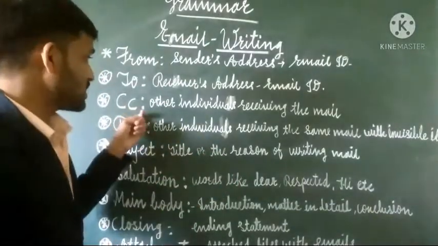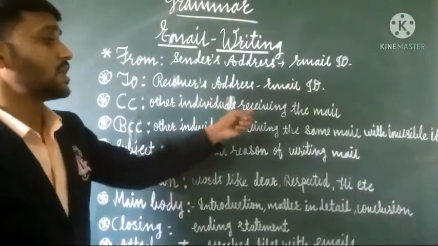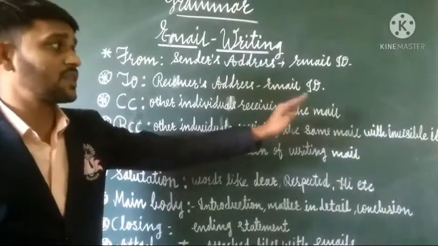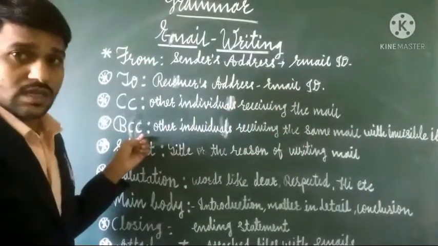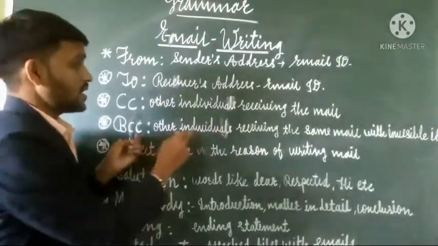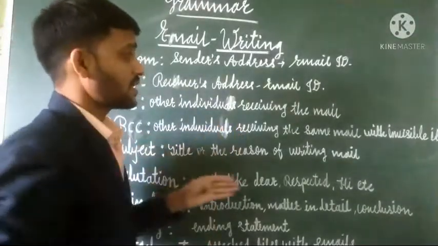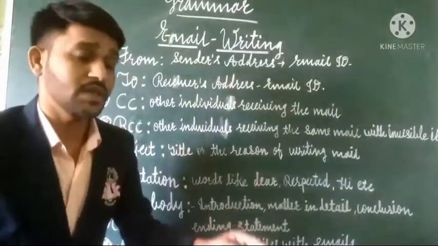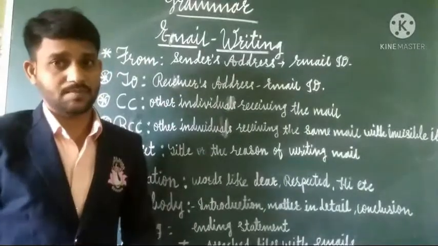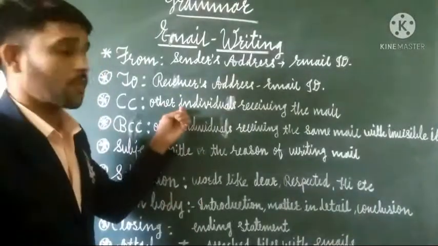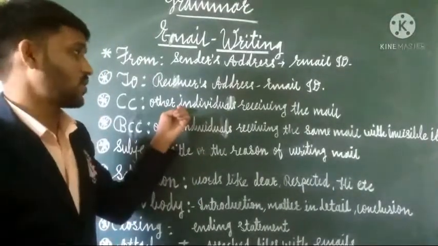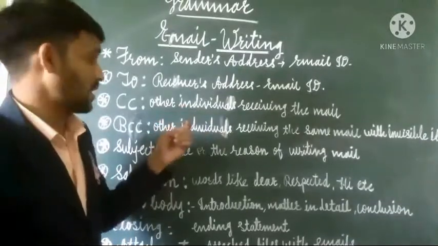So CC means other individuals receive the same mail with their ID visible, and BCC means the other individuals receive the same mail with an invisible ID. Okay, so this is optional; you could write it or send it with this kind of link.